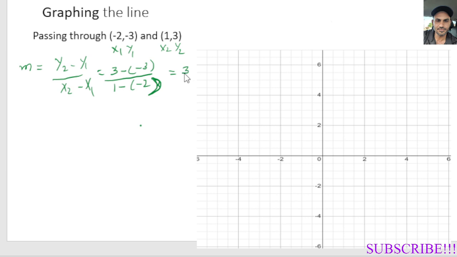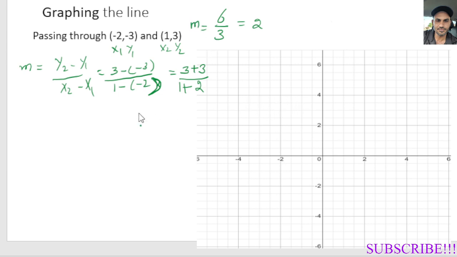We have 3 minus negative 3, which would be plus 3, divided by 1 minus negative 2, and a negative times a negative becomes positive. So this equals 6 over 3, which is equal to 2. So the slope of the line is 2.